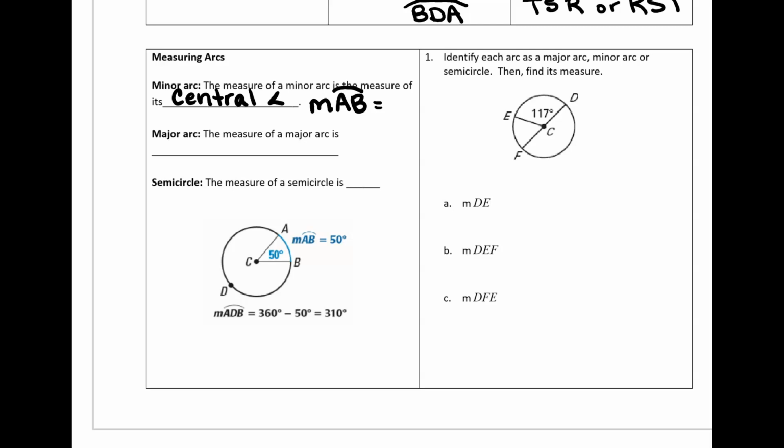Now, the biggest thing that I need you to know in measuring arcs is that there's 360 degrees in a circle. So arcs cannot go above 360, okay, and of course they cannot go below 0. Now, the major arc is the measure when you do this. It is going to be 360 degrees, subtract out the minor arc. And that's basically just going to be subtracting out the central angle. And the measure of a semicircle is going to be 180 degrees.